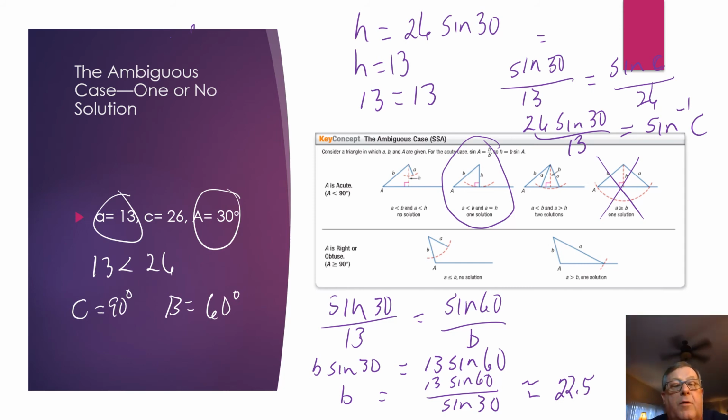Well, we started off knowing that angle A was 30, side A was 13. We were also given side C was 26. We found that angle C is 90, which led us to angle B equaling 60. And then finally, side B is equal to approximately 22.5.